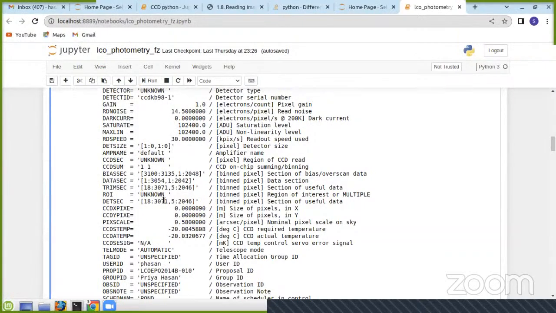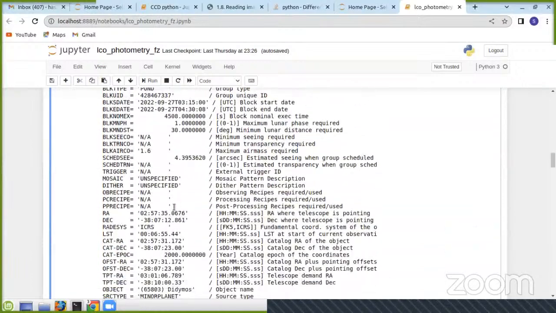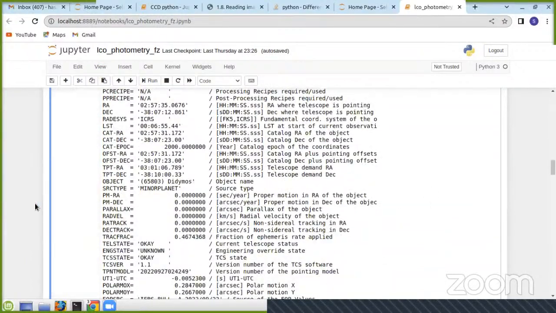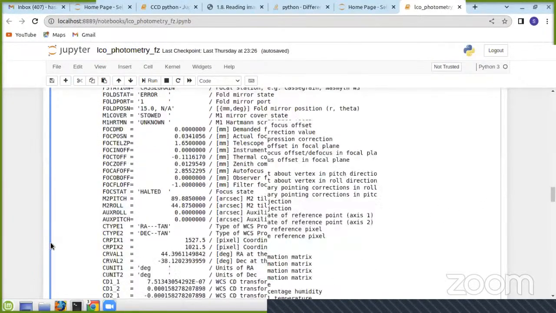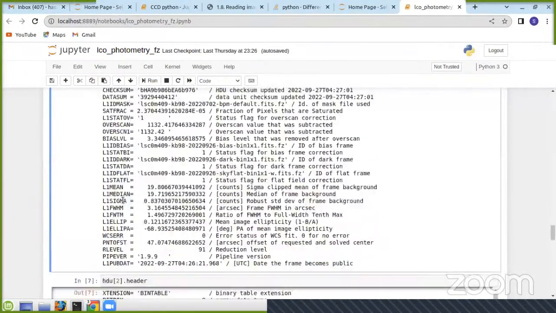These header informations give you all the required information which you require. And similarly, you can see what telescope, which location, and so on and so forth. So this is the first.